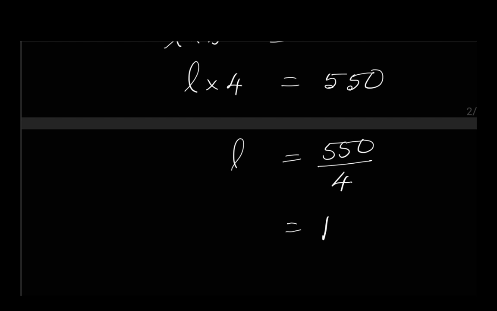1 4 is 4, 3 4s are 12, carry over 3. 7 4s are 28. Remainder 2. Put a dot and 0, 20. 5 4s are 20.